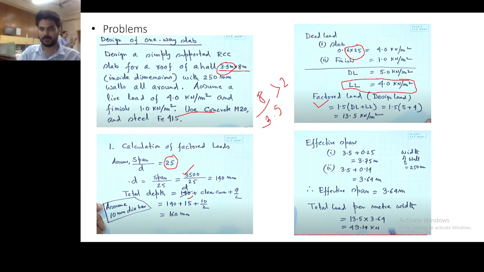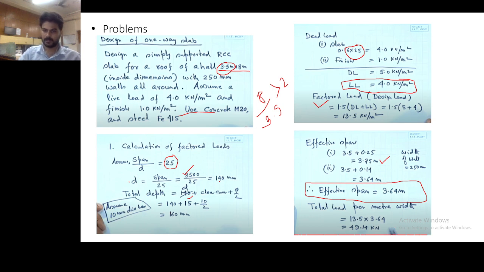Now the effective span we will see. So the clear span is 3.5 and our width is 0.25. By adding that, it becomes 3.75, but with our effective depth of 140 mm added to the clear span, it becomes 3.64. The lesser of these values we will consider as the effective span. So our effective span is 3.64. Why do we want the effective span?